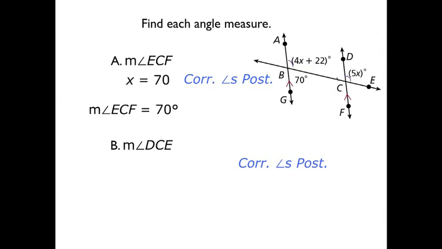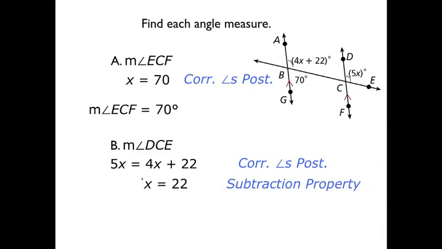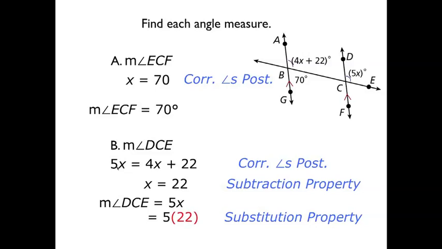I can set them equal. Now I'm going to solve for x by subtracting 4x from both sides to get x equals 22. I would then plug back in to the 5x for angle DCE by doing 5 times 22, and that's going to give me that the measure of angle DCE is 110.